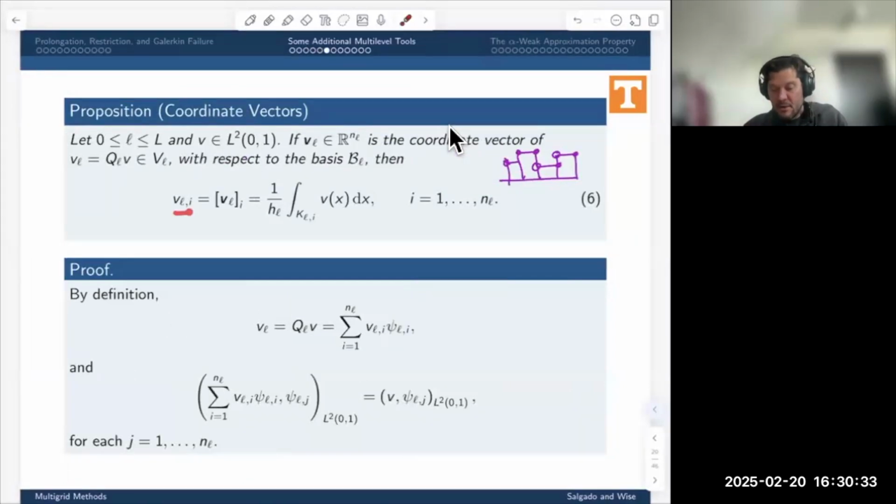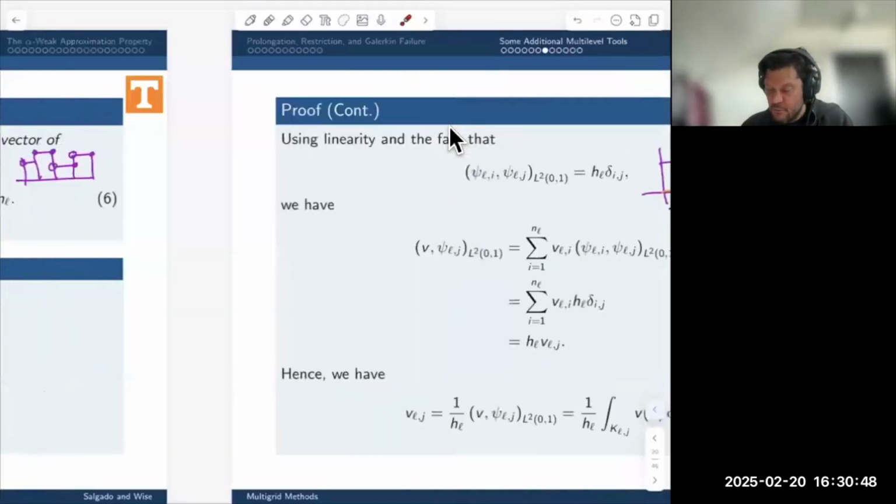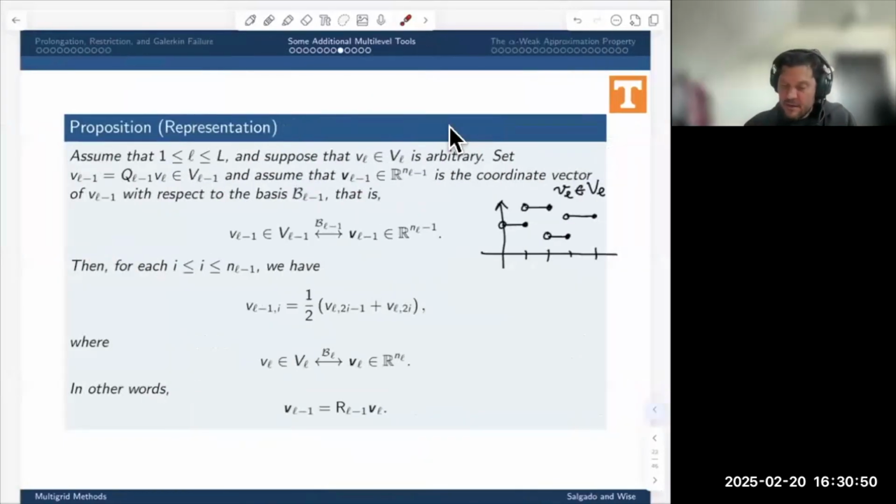If I want to calculate the coordinates of this guy in the coarse grid space using the coarse grid basis, then all I have to do is take that function and calculate averages over certain intervals. So now what I'm trying to do is take VL and move it to the coarse grid space.